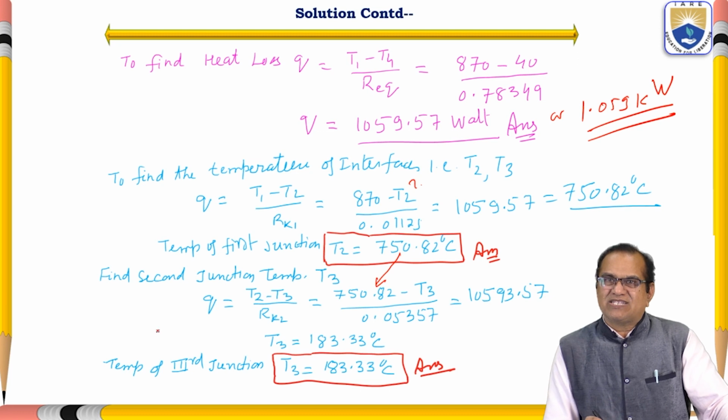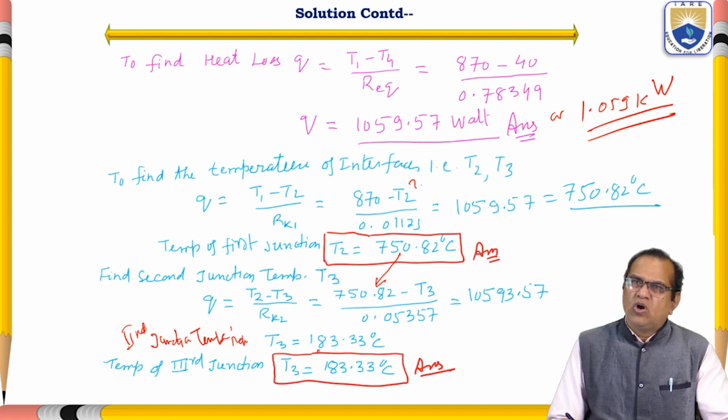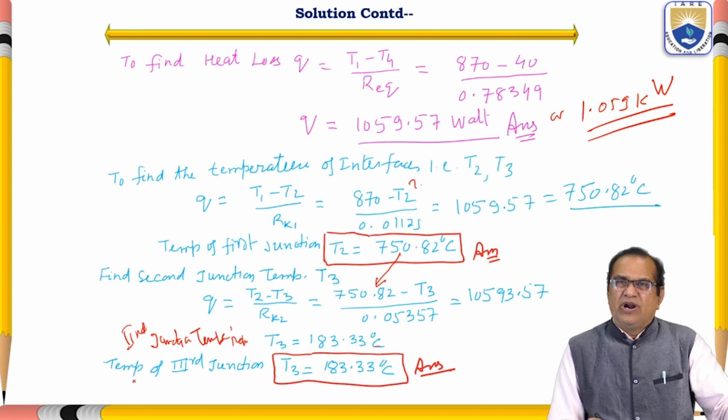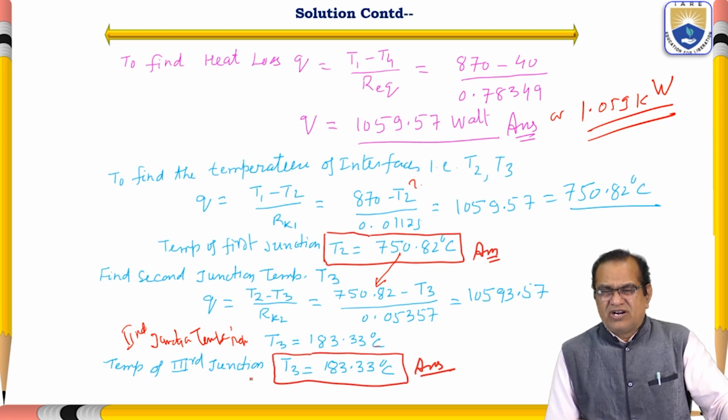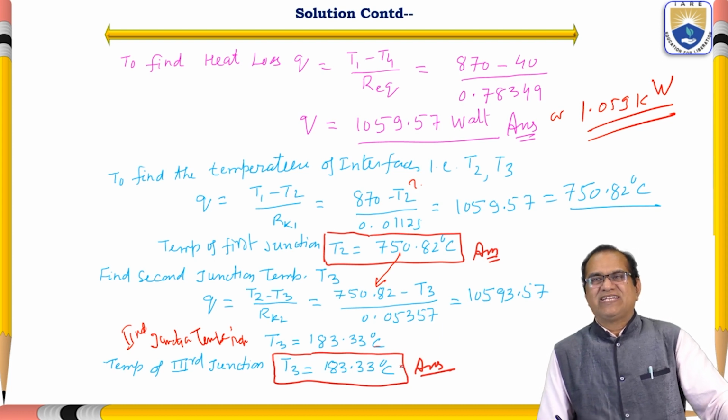So you will get the second junction temperature T3 equal to 183.33 degrees centigrade.